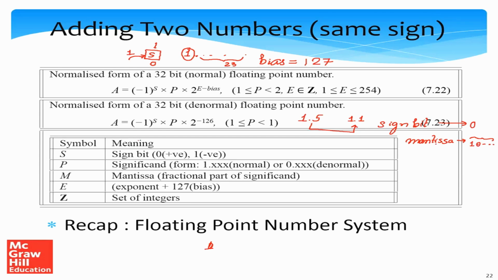And after that, we'll save the exponent. The exponent is stored in the bias notation. In this case, it's 1.5 times 2 raised to the power 0, so the exponent basically is 0. So we will set e as 127, such that the real exponent is 127 minus the bias, which is 0.